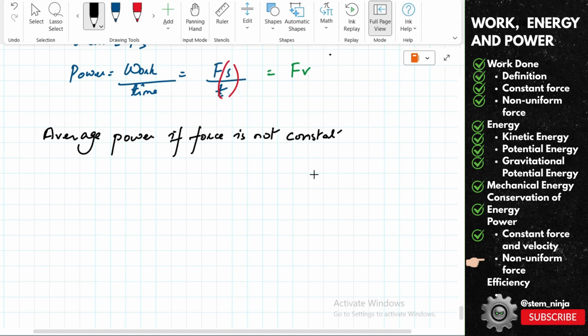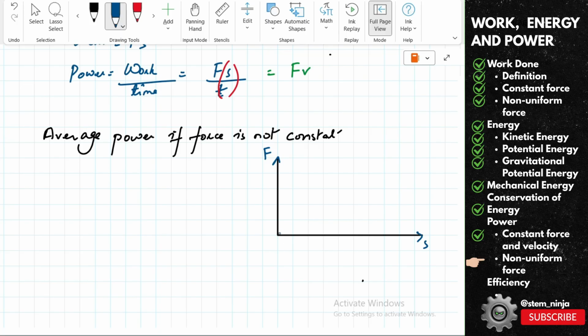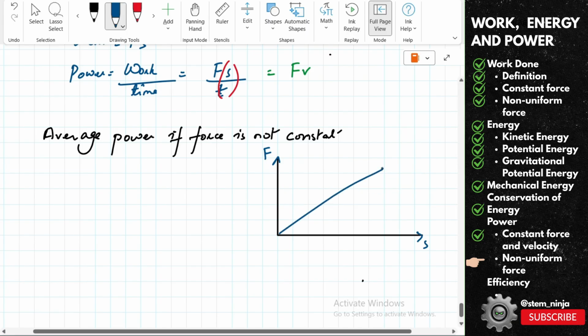So for example, let's say you have a force displacement graph, and let's say for example this could be any non-linear function over here, or a linear function also, as long as this is not constant.